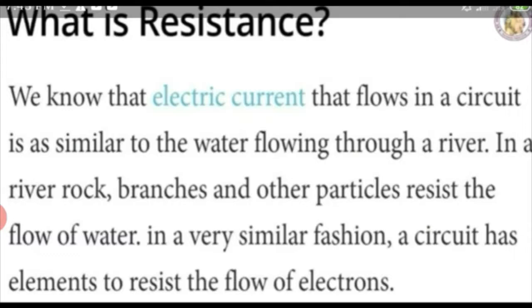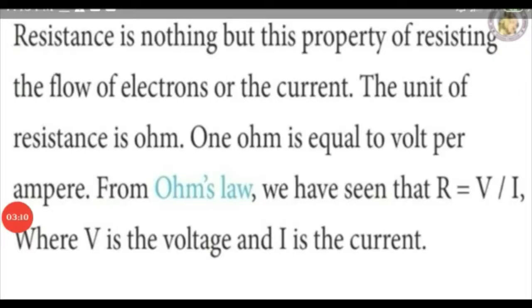In a very similar fashion, a circuit has elements that resist the flow of electrons. So resistance is nothing but this property of resisting the flow of electrons, the flow of electrons or the current.